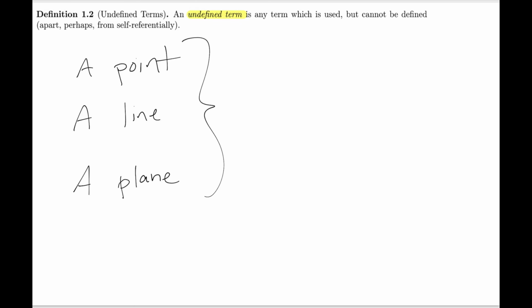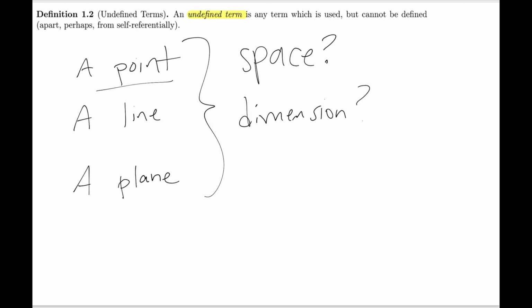You can try and give a definition of a point. You might say, well, it's a zero-dimensional thing that lies in space somewhere. But then you're running into the question of, well, what does it mean to be in space? What does dimension mean? And you come across a whole bunch of other terms that you've thrown in there without giving them a proper definition. And so eventually you're going to hit rock bottom.